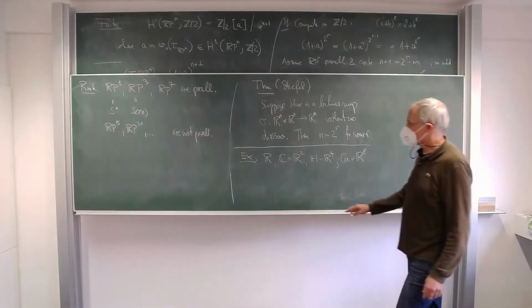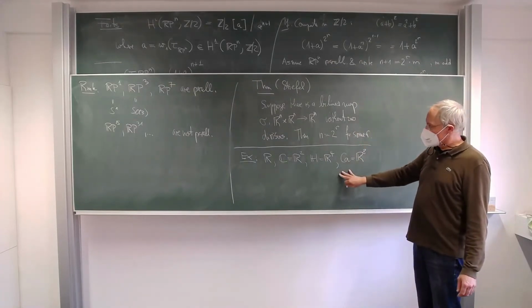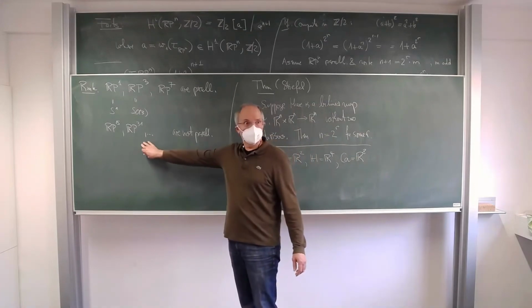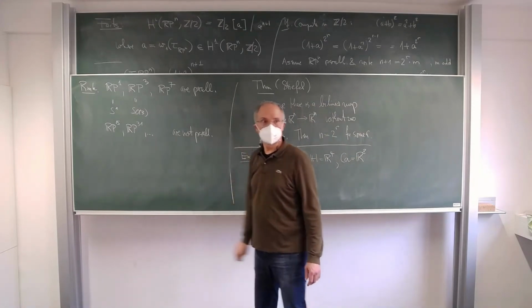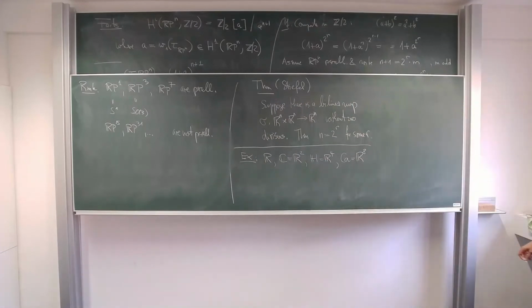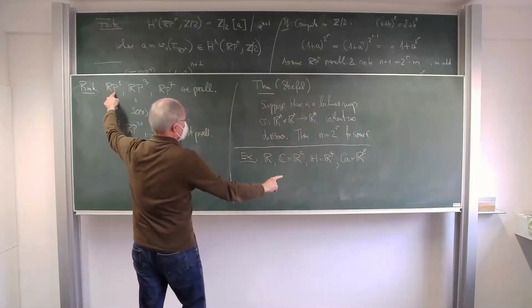And in fact, this is in accordance with the theorem. The fact that there are no further ones in higher dimensions refers directly to the statement here, which I cannot prove. So these are in fact all of them. So this corresponds to that case.